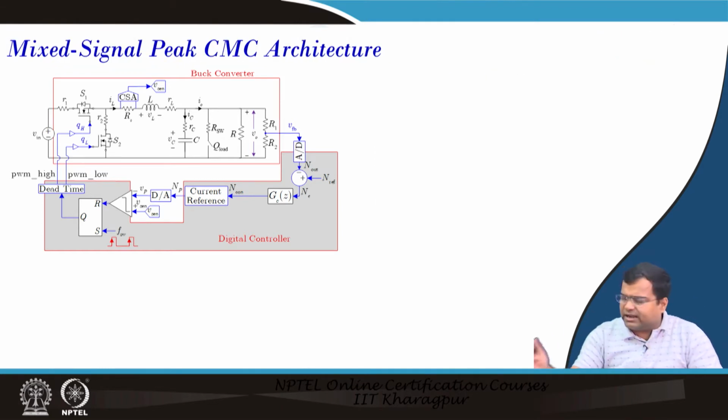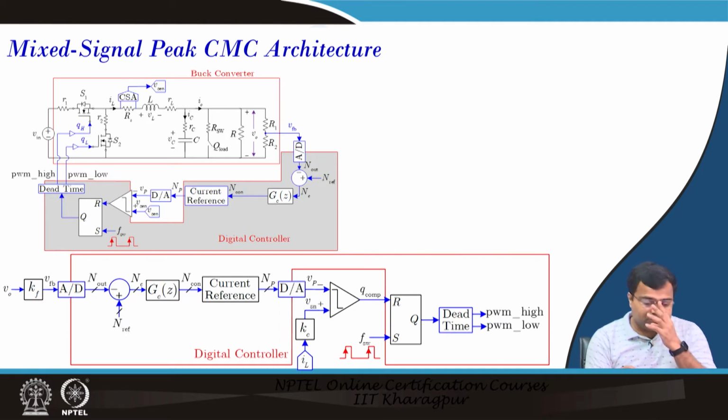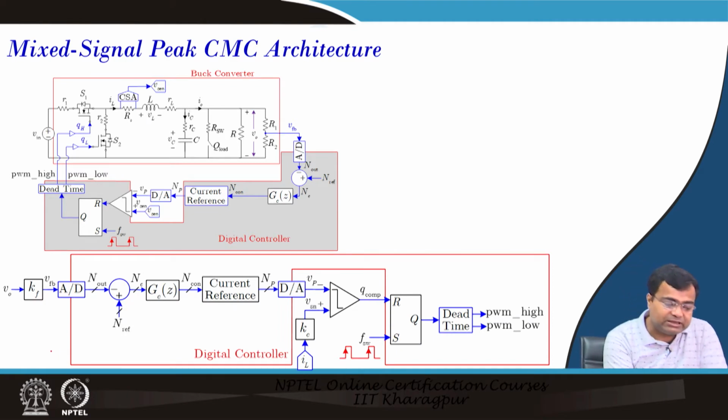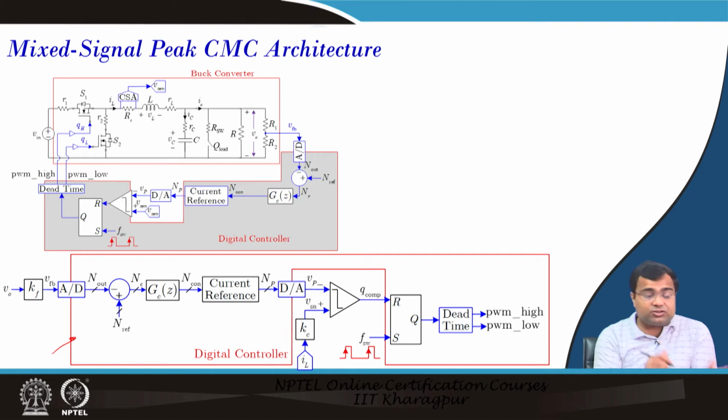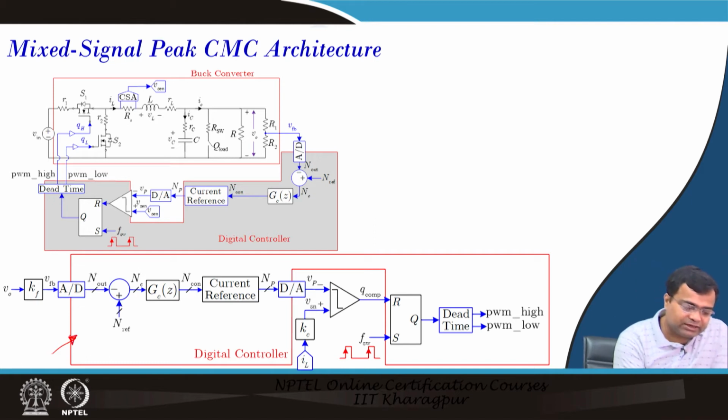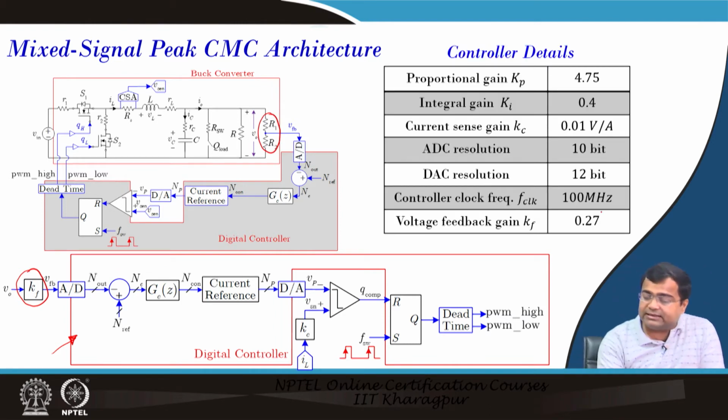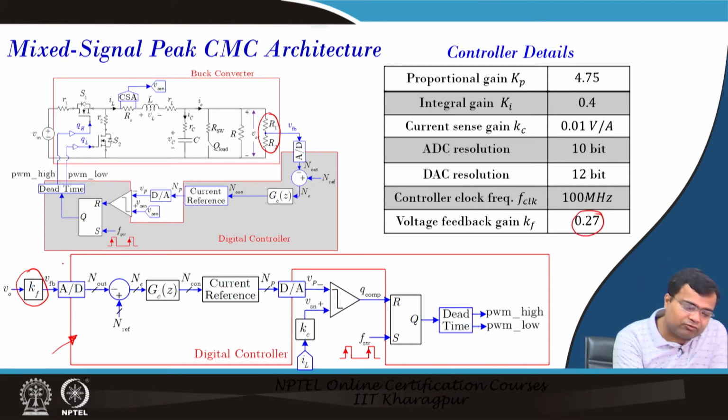In the control architecture, apart from the power stage, we have shown this diagram, the actual implementation from the previous two lectures. We have a voltage feedback gain, decided by the resistive divider, which is 0.27. We have considered a 10 bit ADC, so the ADC resolution is 10 bit, and a 12 bit DAC.